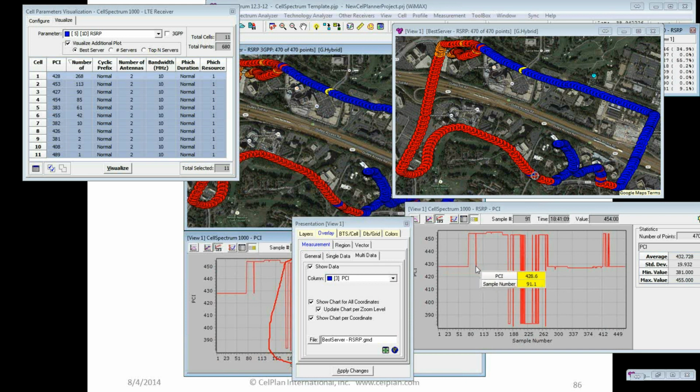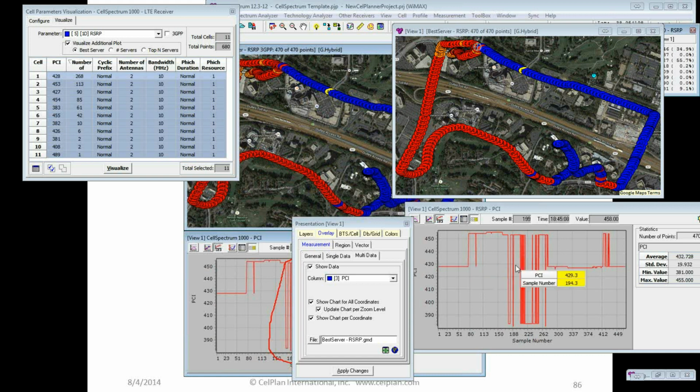I am moving along the route, and suddenly I arrive in the problem area. So the problem area starts here. I hope you can see it. And you move along here, and you can see that there are a lot of issues here. And then you go back to a normal status.